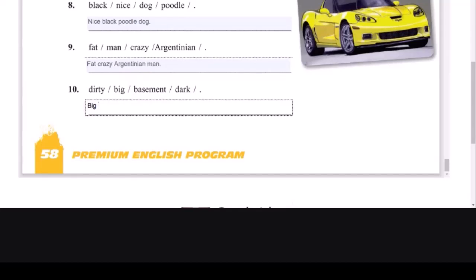Big. Here's the secret. They're both conditions. Both dirty and dark are conditions. They're both condition adjectives. Big, dirty, and dark? Exactly right. Big, dirty, and dark basement. Yes, that's right. Okay. Perfect. With the comma here. Very good.